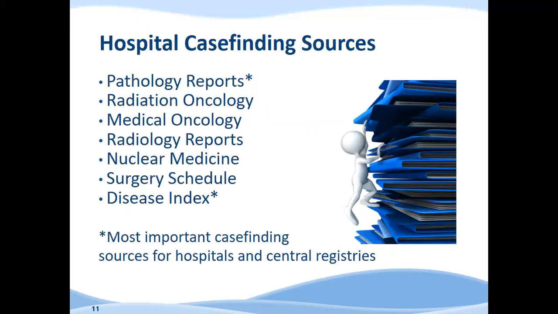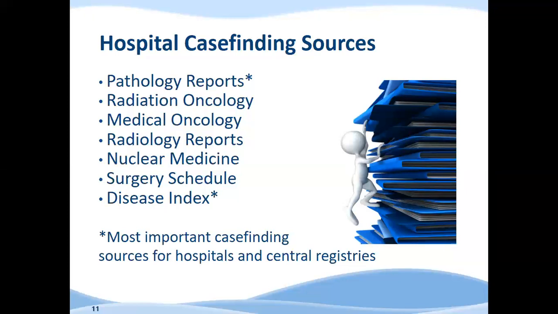Various sources are used for case finding. The main source is pathology reports, which includes surgical pathology, biopsies, cytology, bone marrows, and autopsy reports. For radiation oncology, treatment summaries and new patient listings are valuable sources for case finding as well.